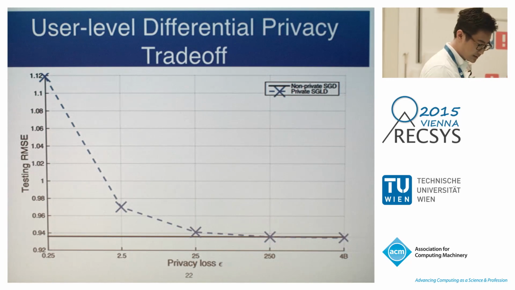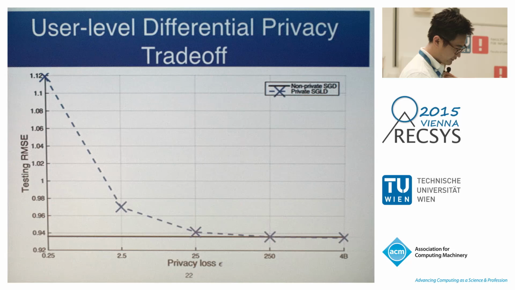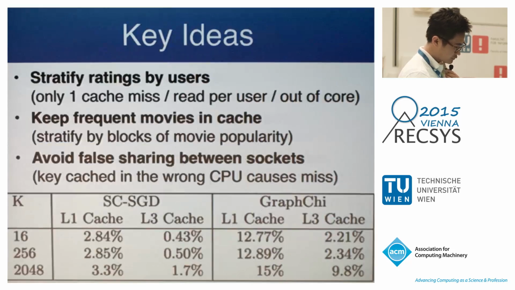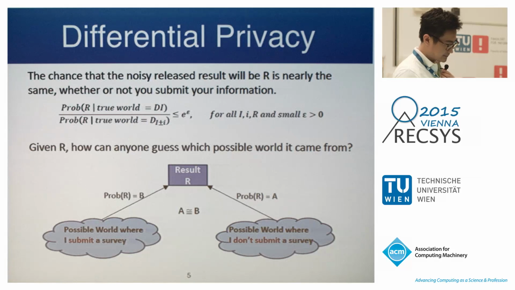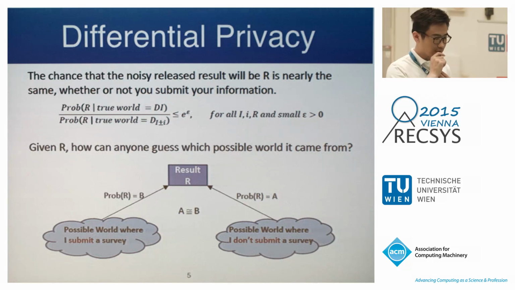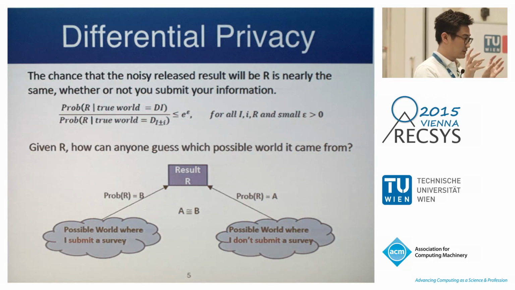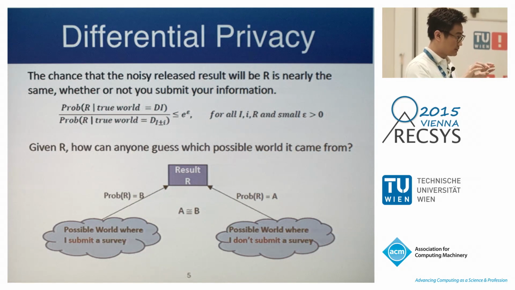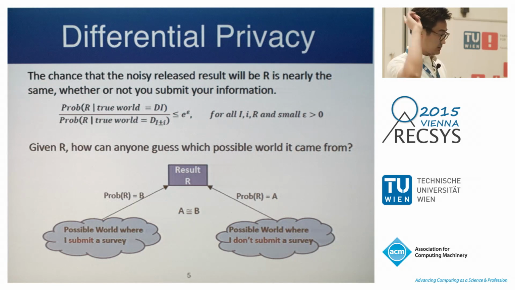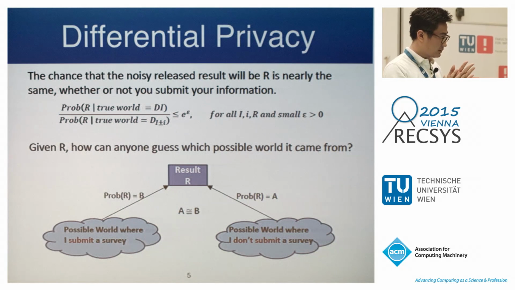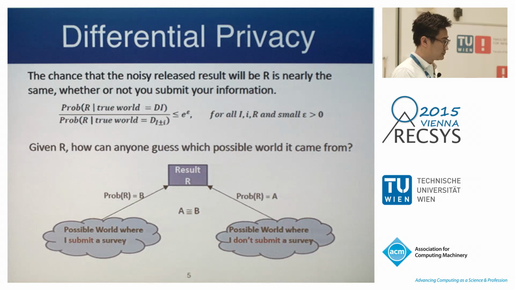Is there a way? There is actually a definition of differential privacy on the first slide. For any two different data sets where the Hamming distance is 1, so only one record is different, the outputs are bounded by this epsilon. I understand, but I'm wondering, how could I explain this to my mother?